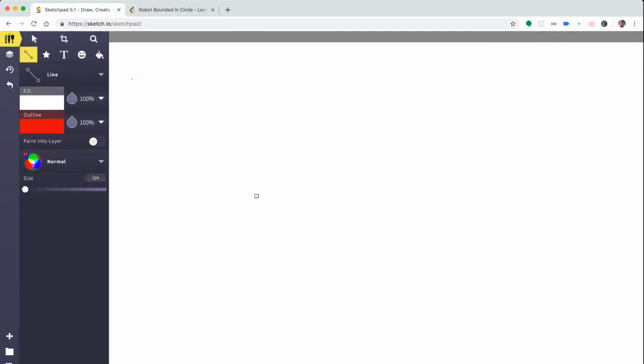Oh wait a minute. These are the coordinates. Let's say it starts here.